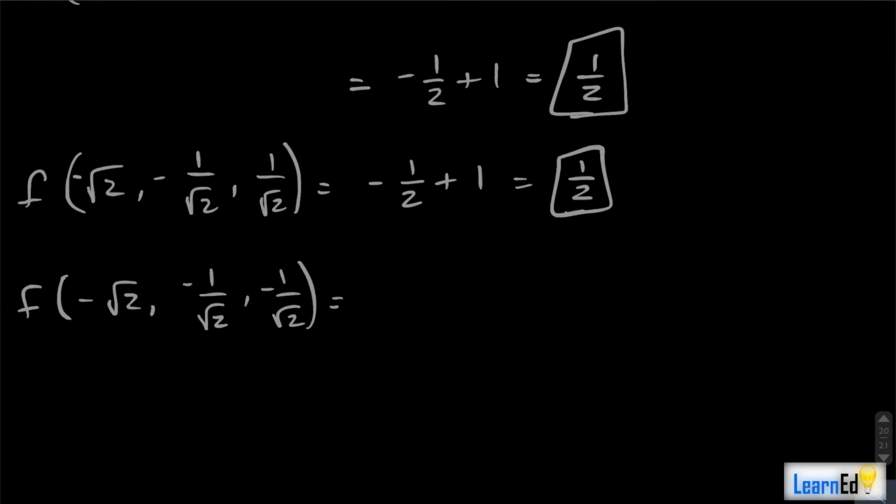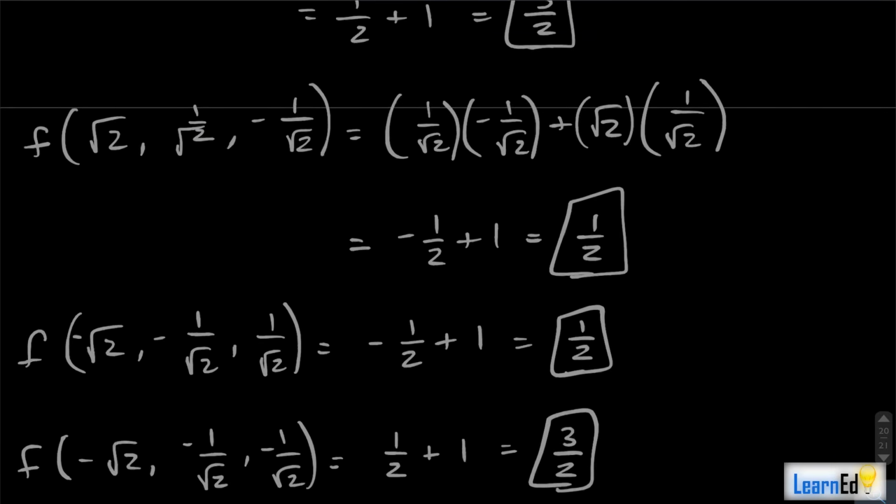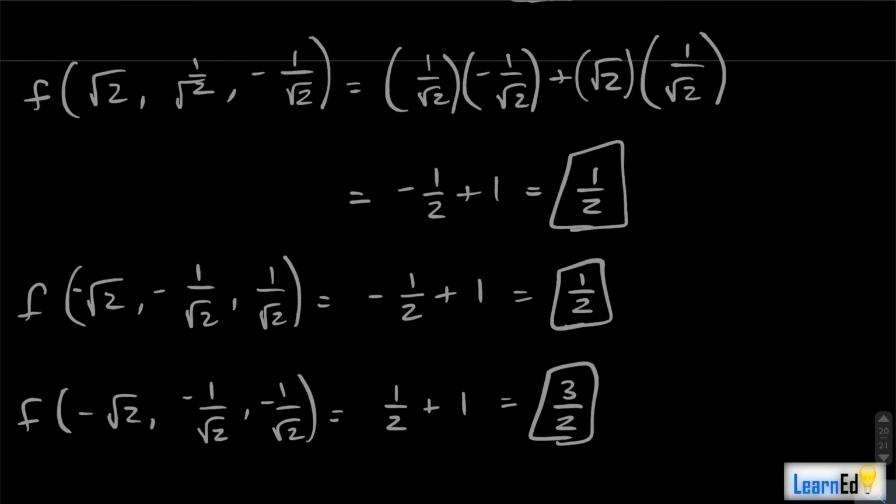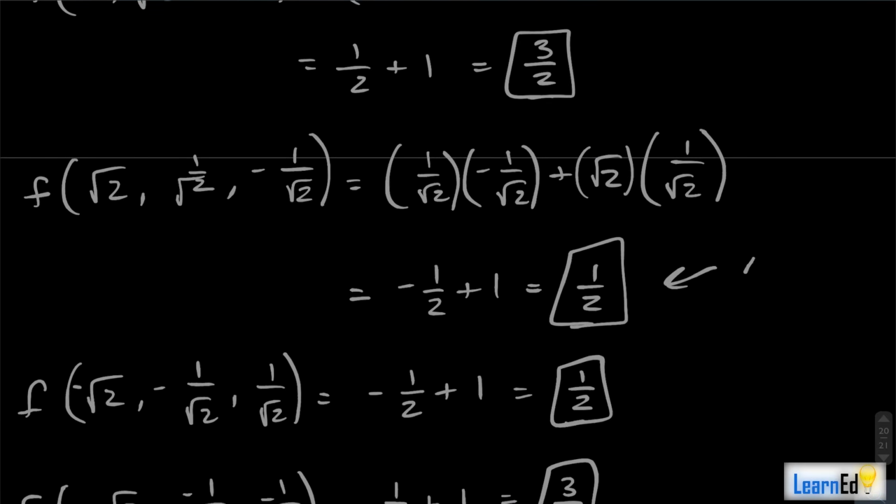So we have a 1/2 here, and then we'll get a plus 1 here, and we'll have a 3 halves. So our two values are going to be 3 halves and 1/2. So you can see here that then 1/2 will be a minimum because it's smaller than 3 halves. So this guy will be a maximum, and that's it.